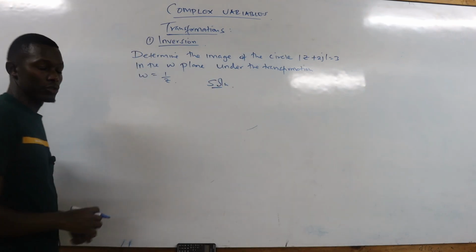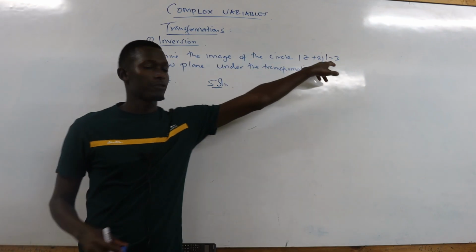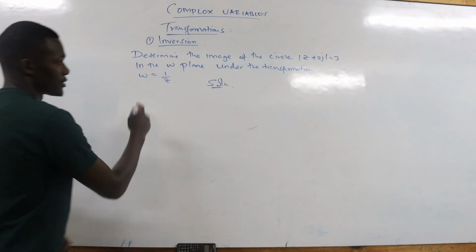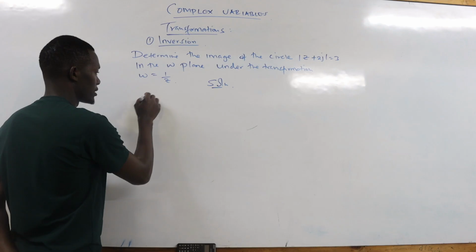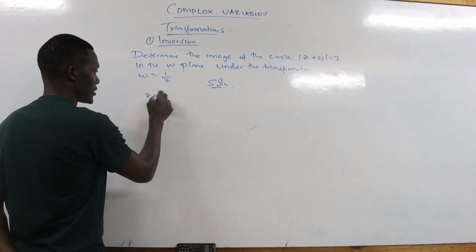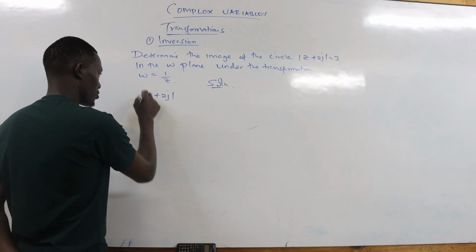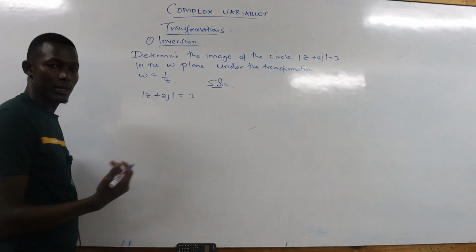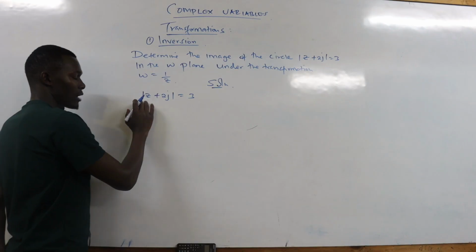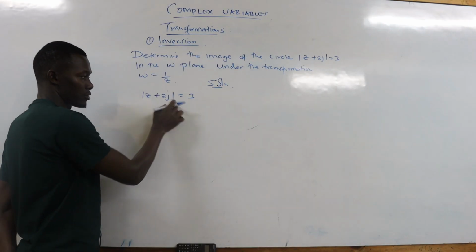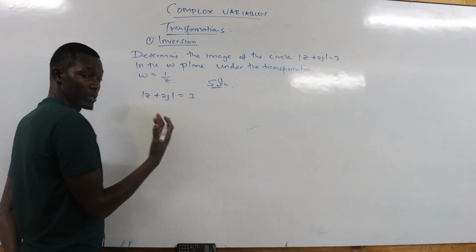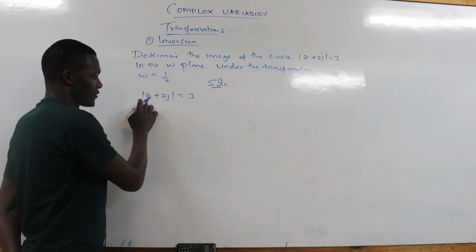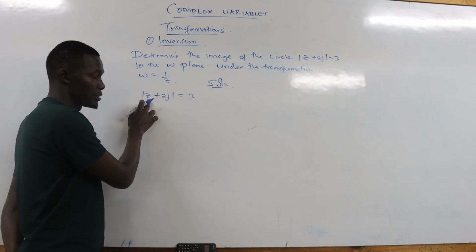The first step is always to get the equation of the original circle. The equation of the original circle is given by |z + 2j| = 3. How do you get the absolute of this function? First of all, we change our z to be in terms of x and y.